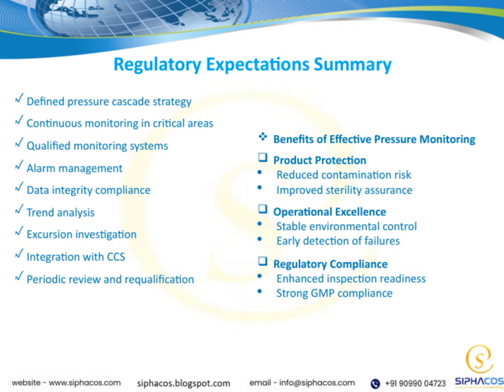On top of that, it supports regulatory compliance, making inspections smoother and ensuring strong adherence to GMP standards. Key practices include a defined pressure cascade, continuous monitoring, alarm management, and thorough data integrity. Together, these elements create a robust system that's reliable and ready for review.